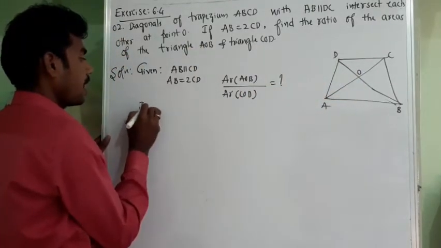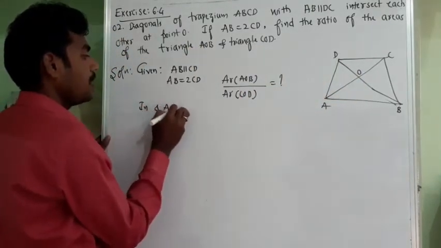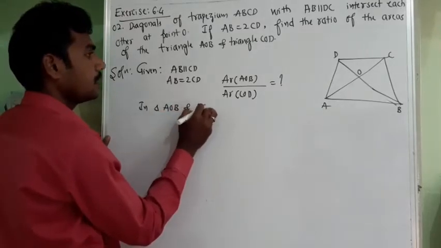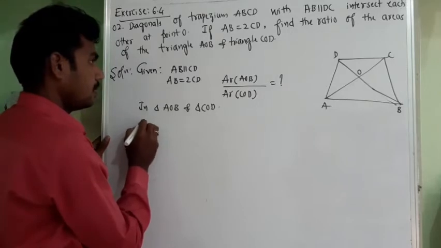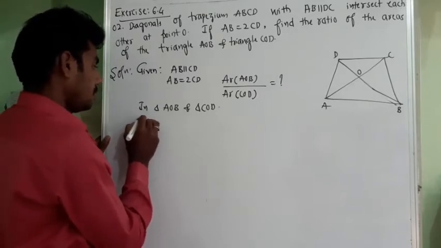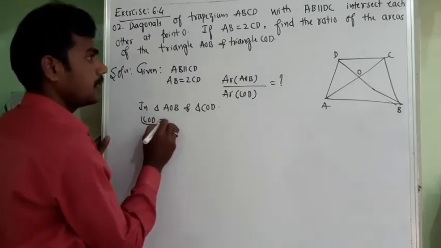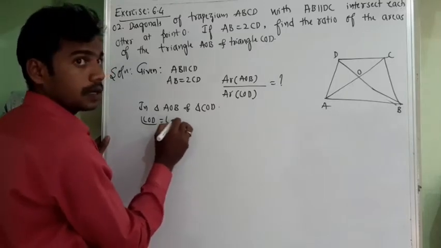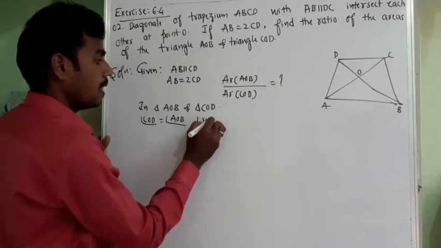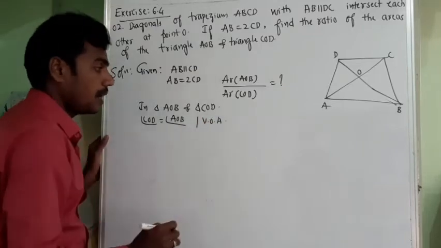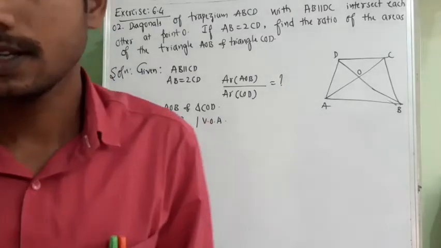So in triangle AOB and triangle COD, angle COD is equal to angle AOB, vertically opposite angles.